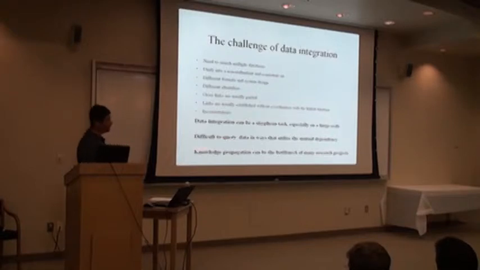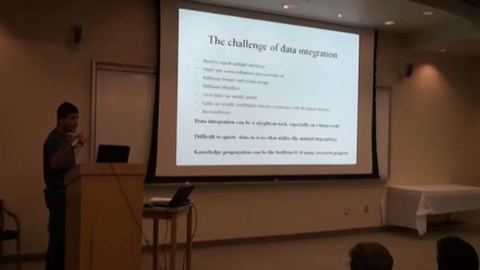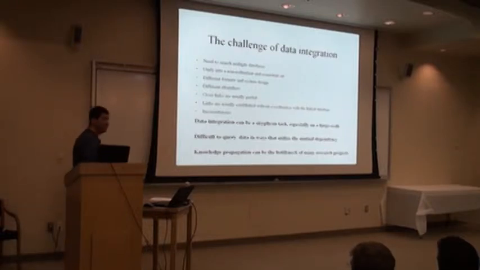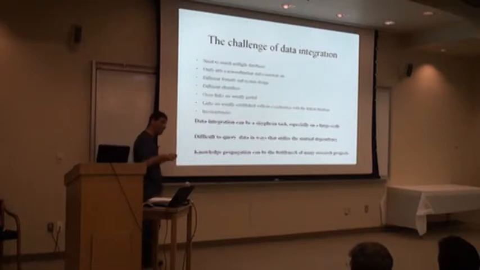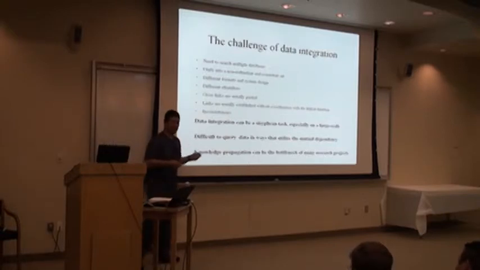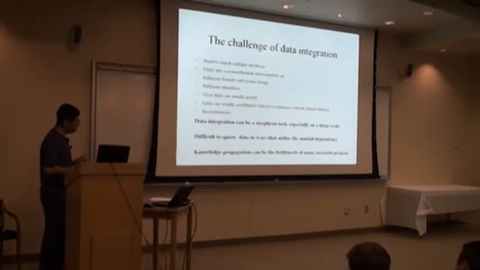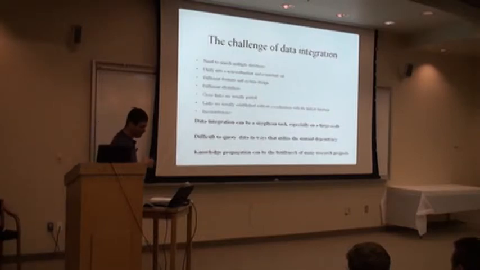Another complexity that arises from the fact that data is dispersed among all those different databases is that it's very difficult to query the data in ways that utilize mutual dependency between entities. And later I'll give examples that will make concrete what we mean by utilizing mutual dependency. Another big problem with the existing situation is that data aggregation becomes the bottleneck of many research projects.